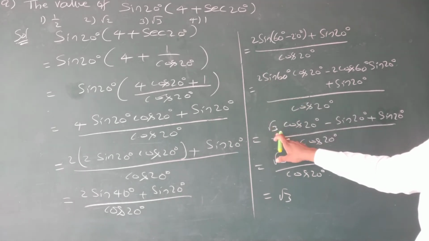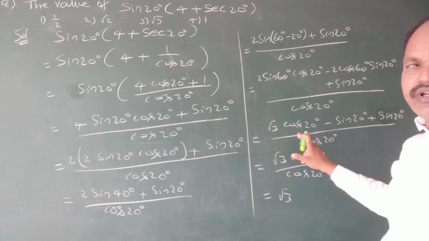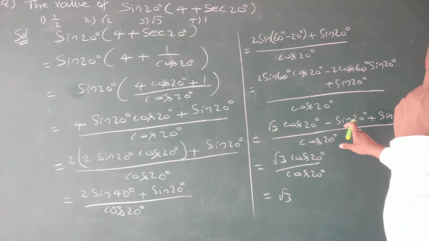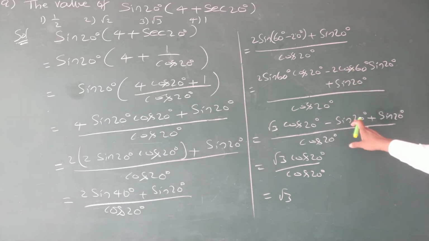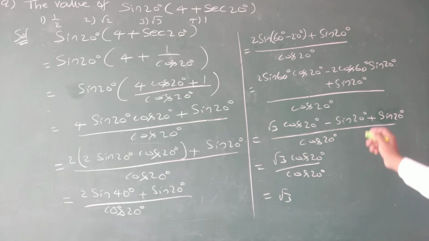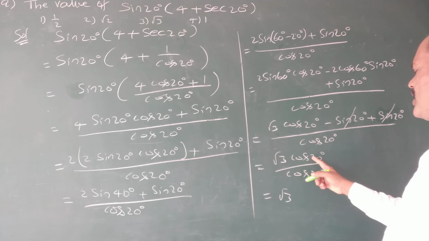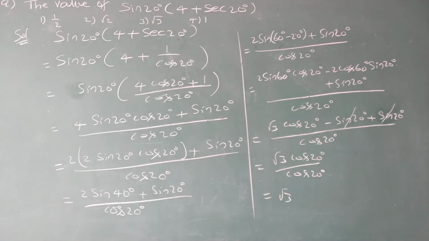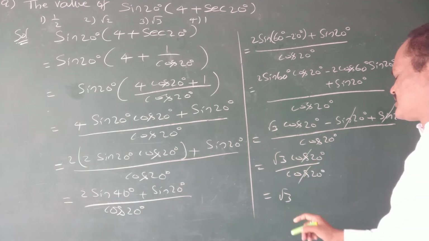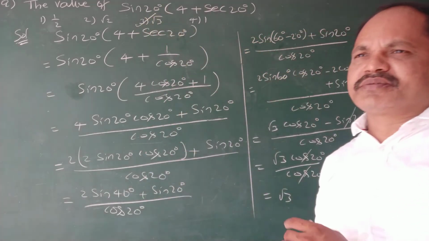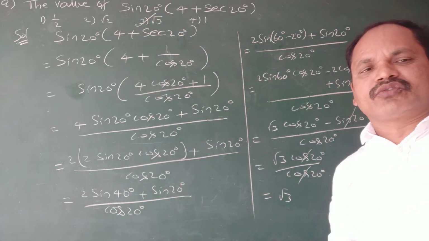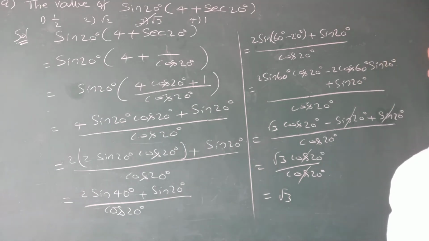Here it is root 3 cos 20, minus, and cos 60 is 1 by 2, the 2 gets cancelled, sine 20. So minus sine 20 plus sine 20 gets cancelled. Root 3 times cos 20 by the denominator cos 20. That's why cos 20 gets cancelled. The answer is root 3, that is the third option. That's why the third option is the right answer. Now we are going to one more question that depends upon this concept.